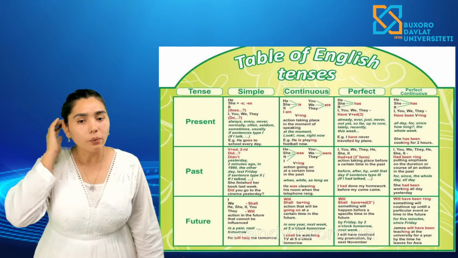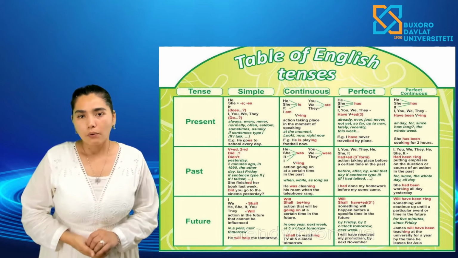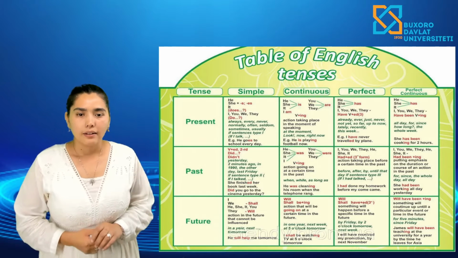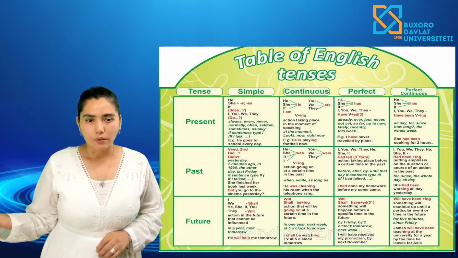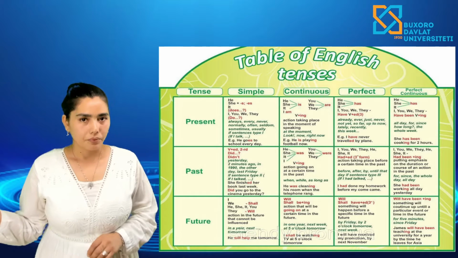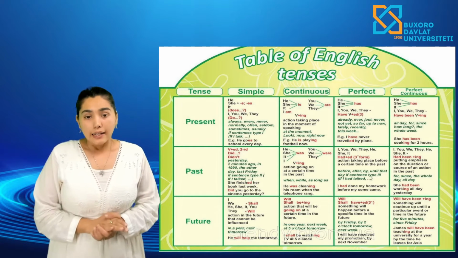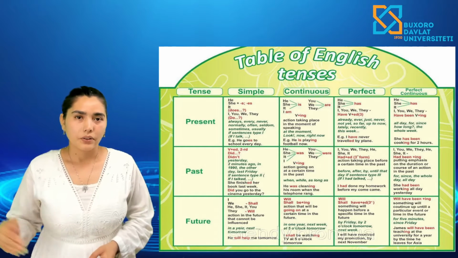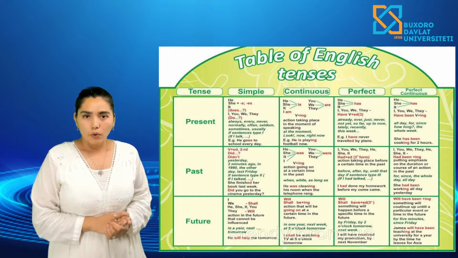It's using have and the ed form. Traveled is a third verb form. And she has been cooking for 2 hours. It's a present perfect continuous tense, and it's using the auxiliary has been, and it's using the verb ing form, cooking.